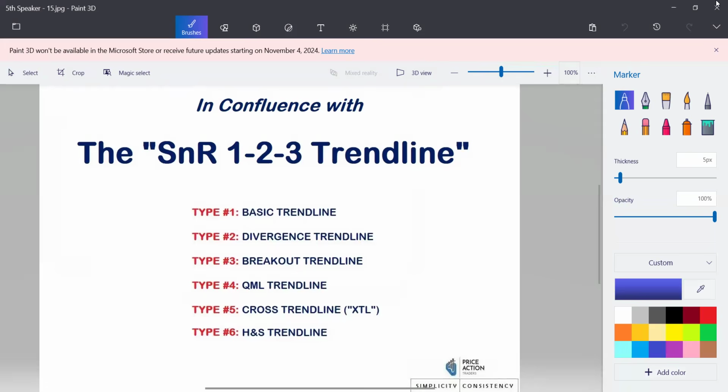So you're welcome. We go straight to trend line. Like I said, you all know about support and resistance: if price breaks out of support, it becomes resistance.